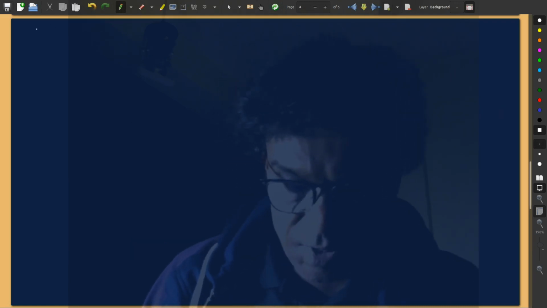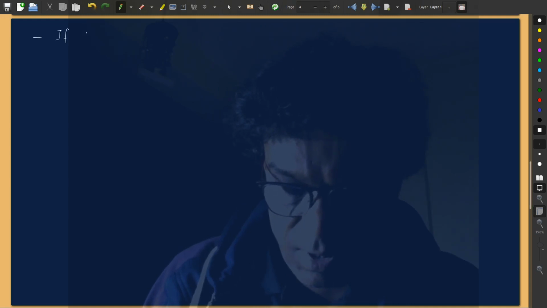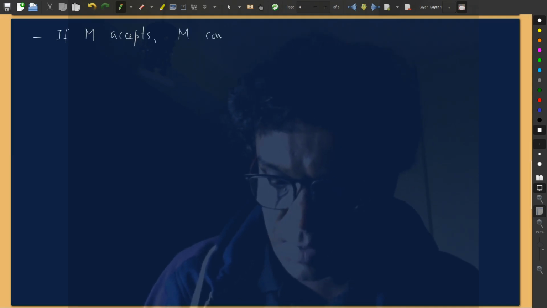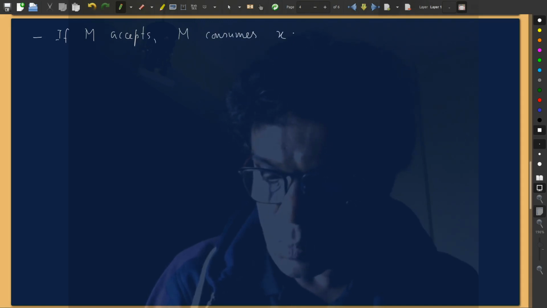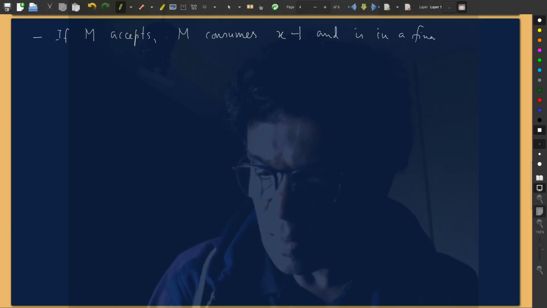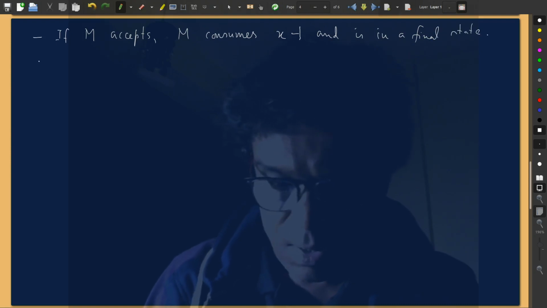Okay. So the idea is that if M is a DPDA, okay, if M accepts, that means there is a unique way of doing this. M consumes the entire input followed by this, and then it is in a final state. Okay.